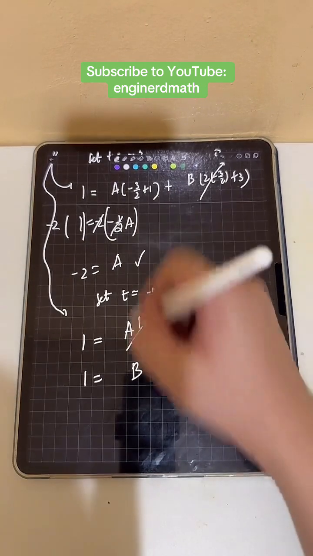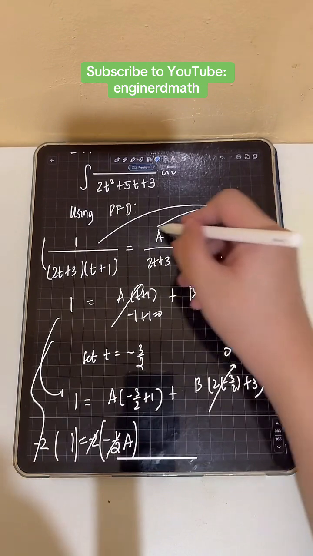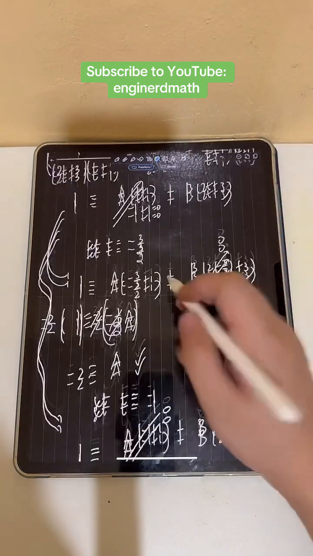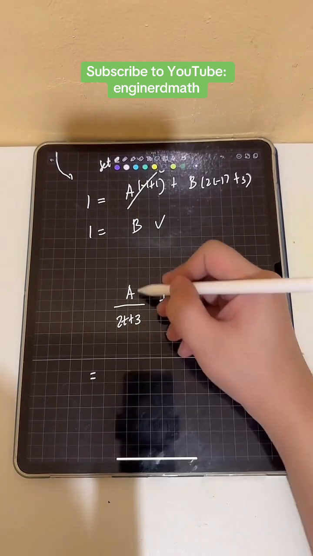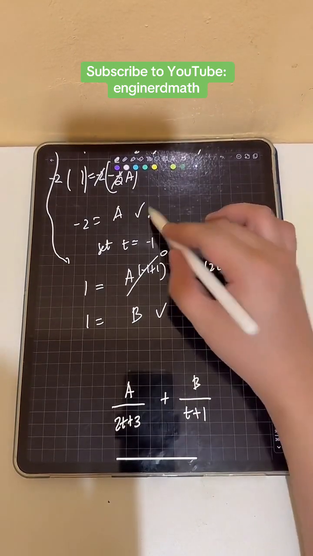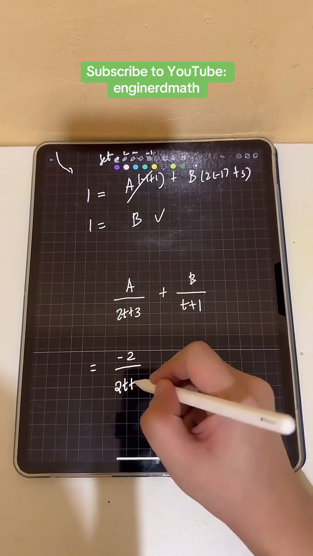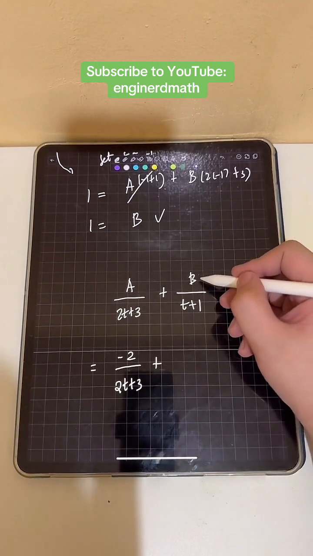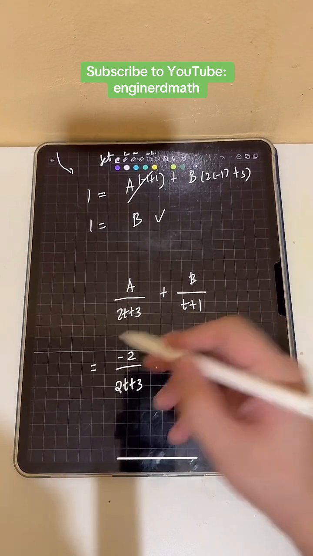Now that we have the values of A and B, we can plug them into the partial fraction decomposition form. Substitute the value of A, which is negative 2, over 2t plus 3, plus the value of B, which is 1, over t plus 1.